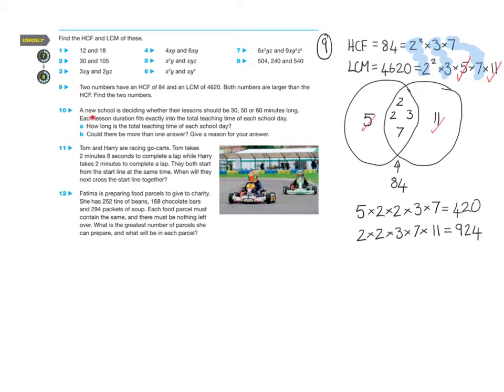But anyway, let's look. A new school, we're going to be working in 30s and in 50s and in 60s. Now, if we were younger, we would have done common multiples and carried on going until we found something that was common amongst all of them. But we're older and uglier, so we're not going to do it that way.